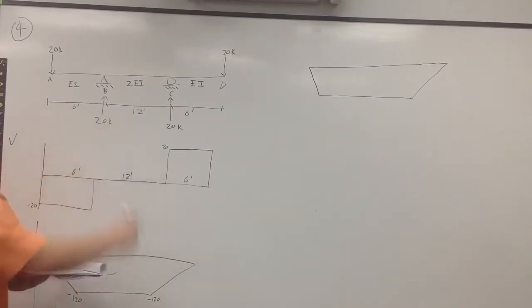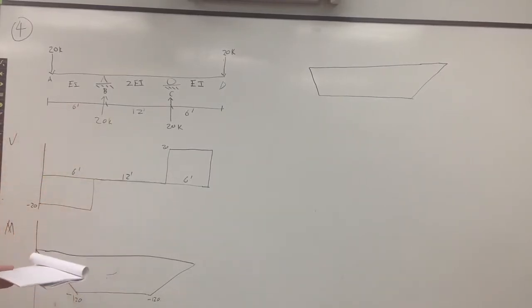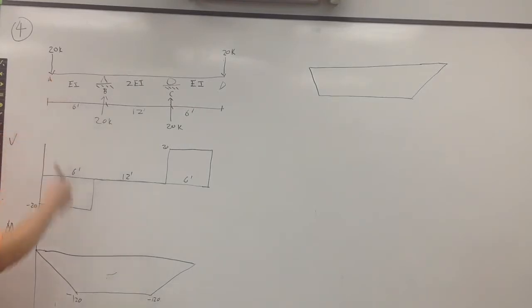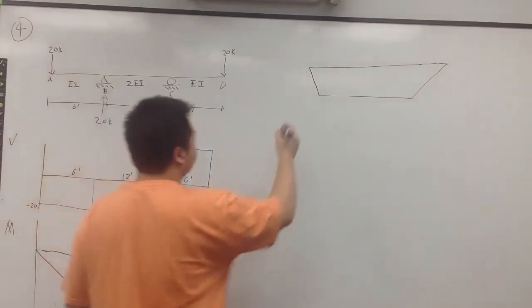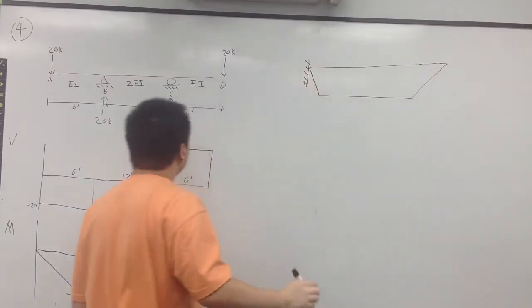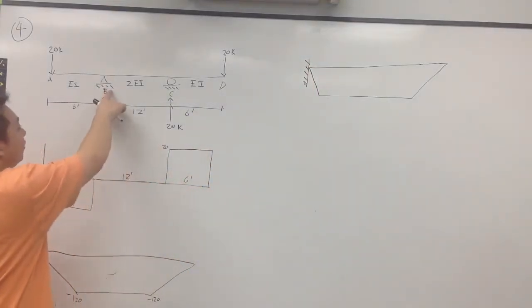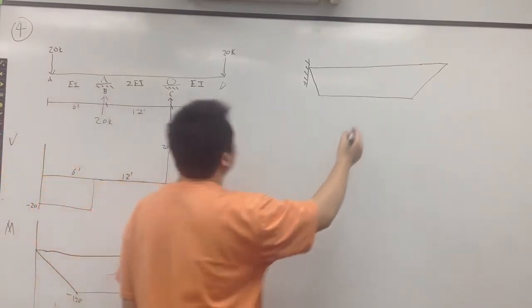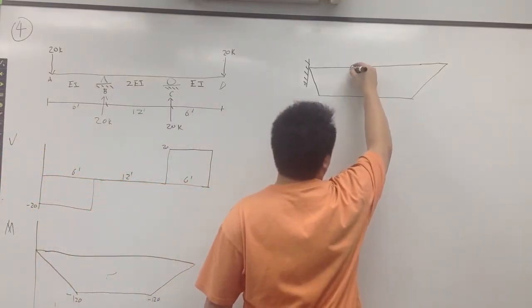So this one, the conjugate method tells you when you see a free member, you need to make this fixed. So you're going to have fixed, and when you see an internal pin and internal roller, you change it to a hinge.